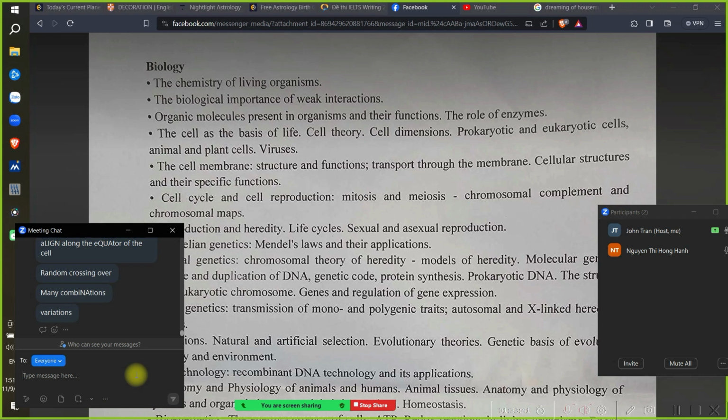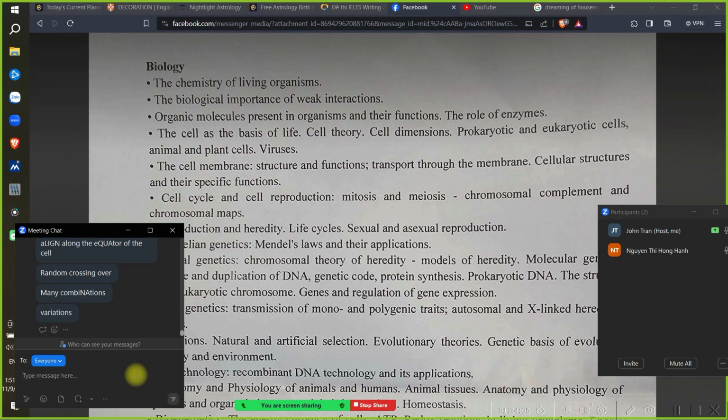Okay. Now, so what happened during meiosis 2 then? After meiosis 1, you have two cells that are diploid, right? Yeah. So what happened next then?